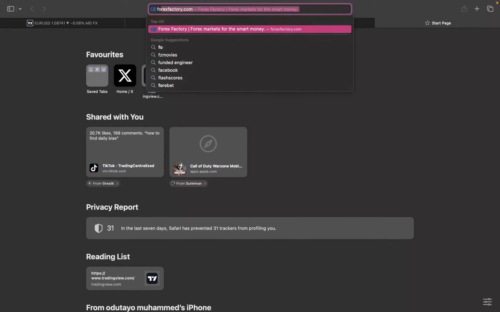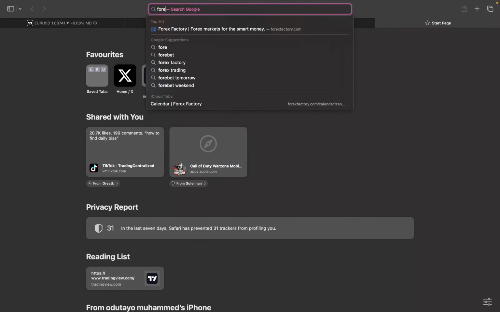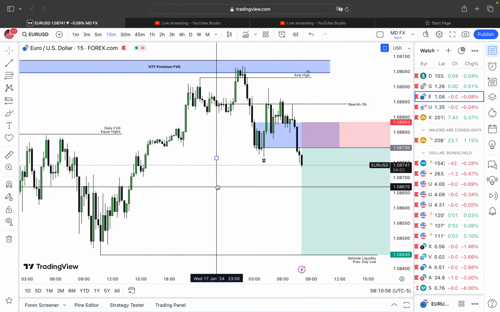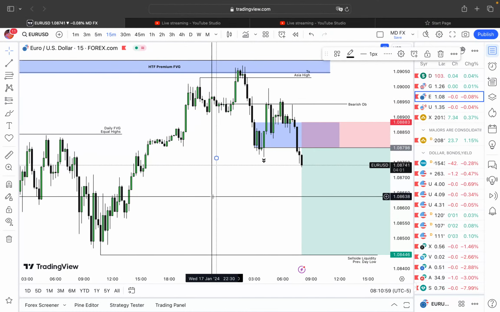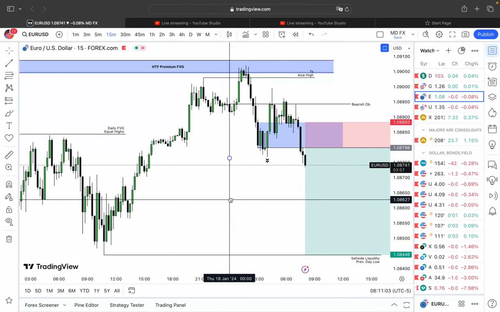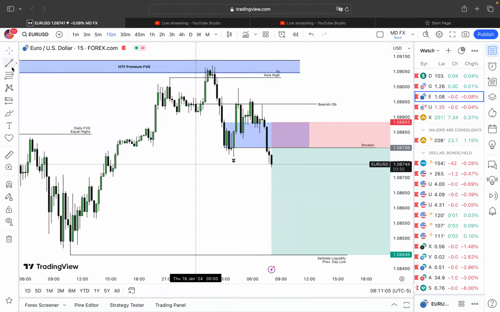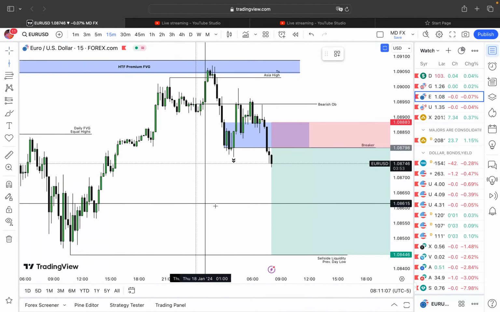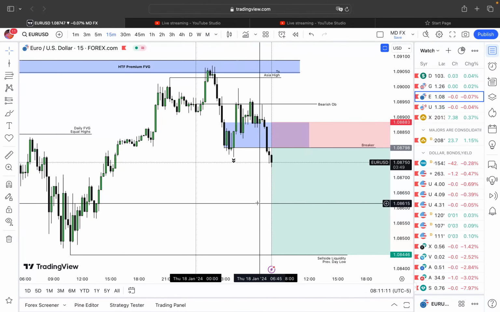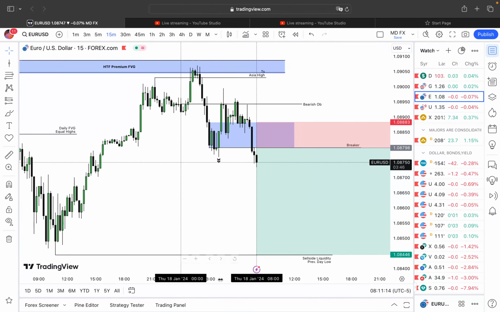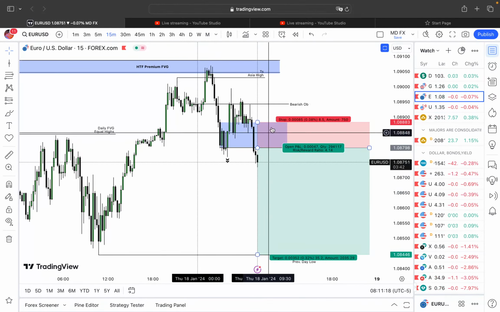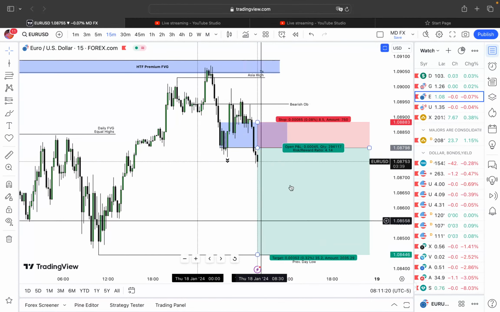So the New York trading window started from here, at 8 o'clock. This is the first candle it has produced, so I'm still waiting for it to give us a retracement.